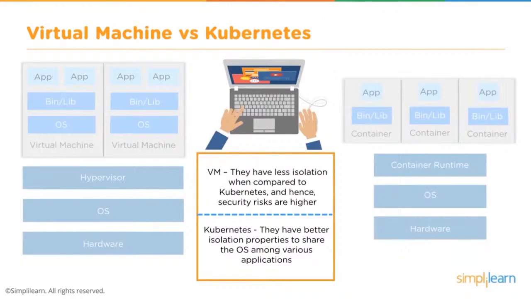A few other areas that we want to highlight from differences. Virtual machines use much less isolation when building out the encapsulated environment than Kubernetes does. For instance, with a virtual machine, you have to run a hypervisor on top of the OS and hardware, and then inside of the virtual machine, you also have to have the operating system as well.